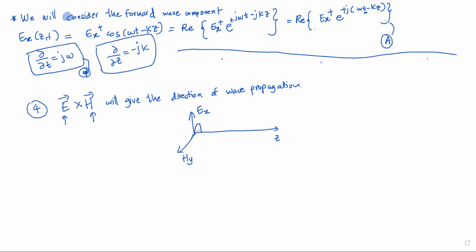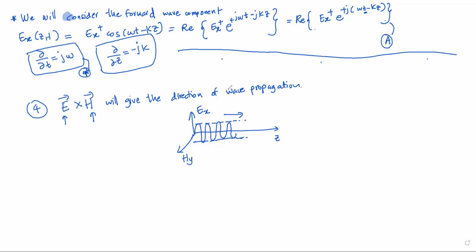So the wave propagation will be along the z-axis. The wave amplitude will be the same in free space. Since we are considering a lossless medium, the amplitude will remain the same and it will be propagating in this direction. Okay, so the direction can be found by using the right hand rule.